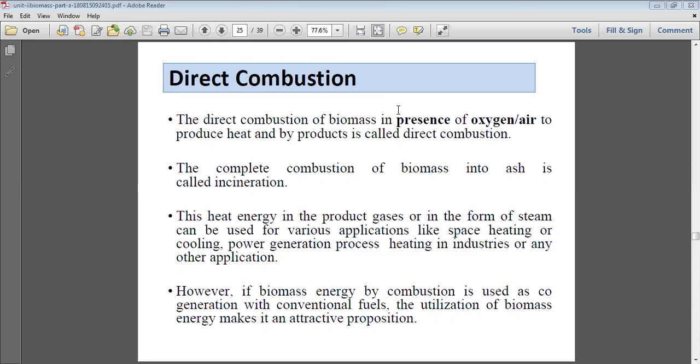So if we use 20% biomass and 80% thermal fuels, we are at least able to save 20% of the coal that would otherwise have been required, since otherwise there would be a 100% requirement of coal for that particular power generation.